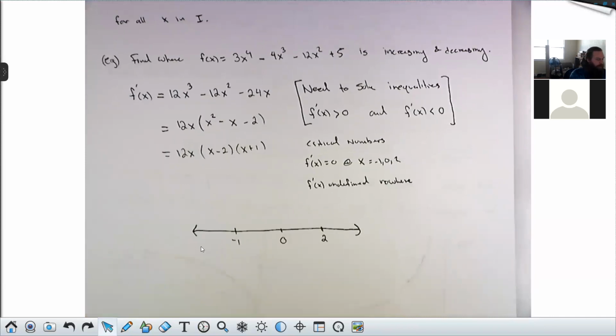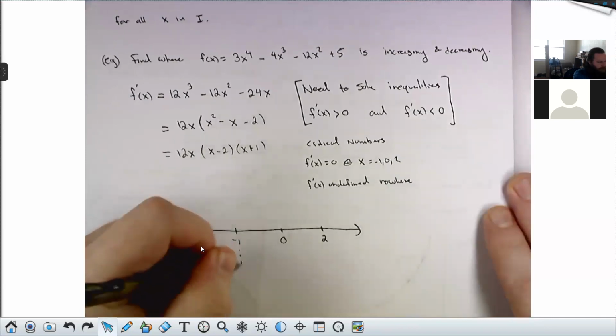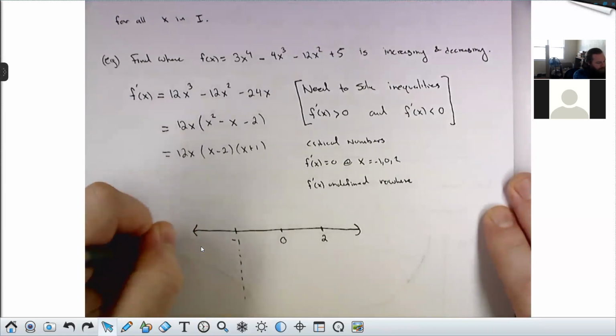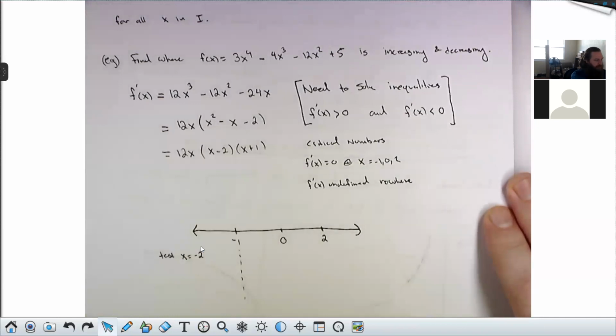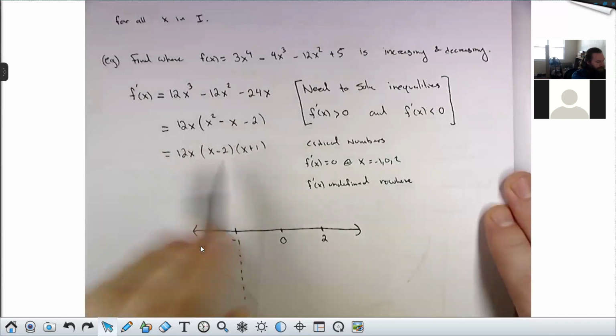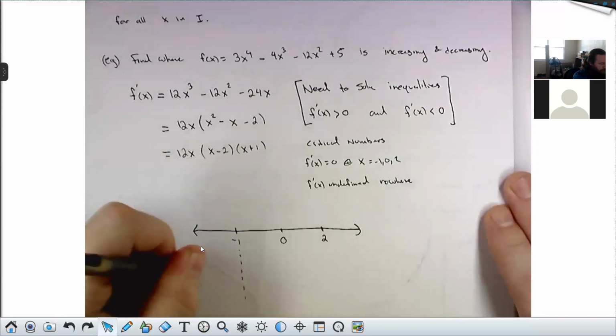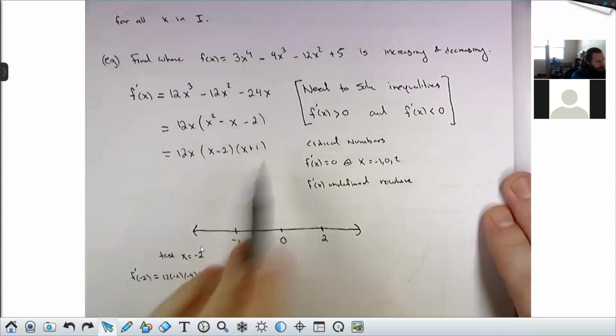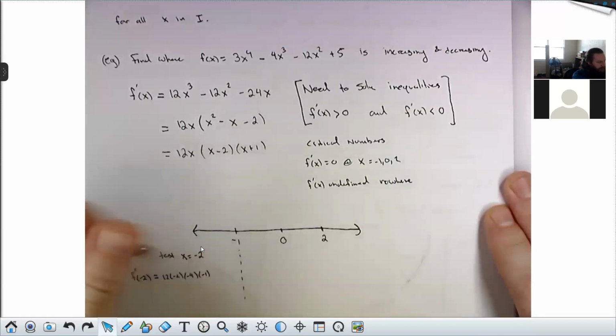So over here, to the left of -1, I could test x equals -2. That is an x value that is in this region. f prime of -2 is 12 times -2 times -2 minus 2, that's -4, times -2 plus 1, that's -1.